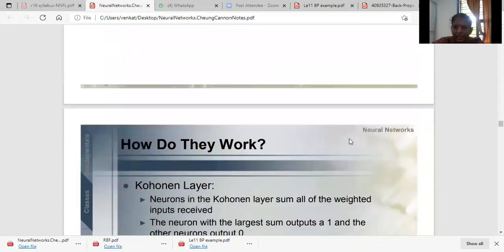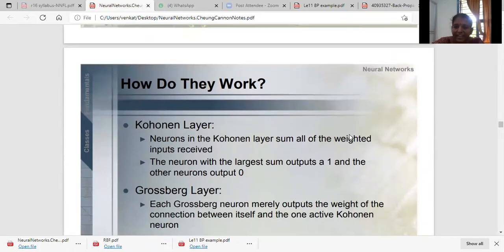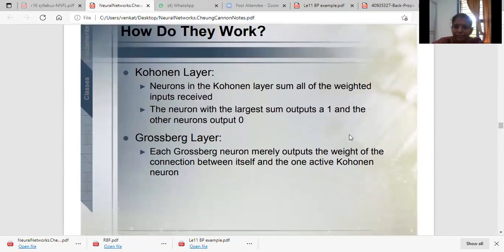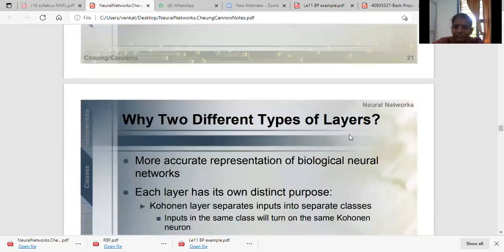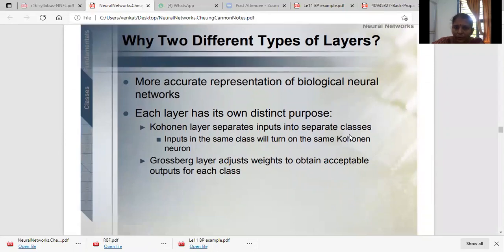So it is taking one active Kohonen neuron and itself, weights of itself. So why we are going for these different types of layers is you have more accurate representation corresponding to your biological neural network.